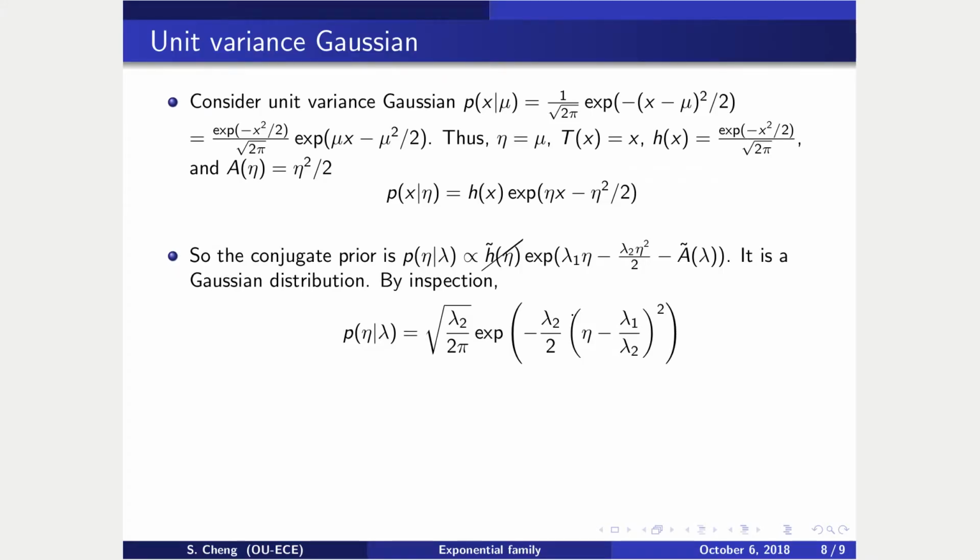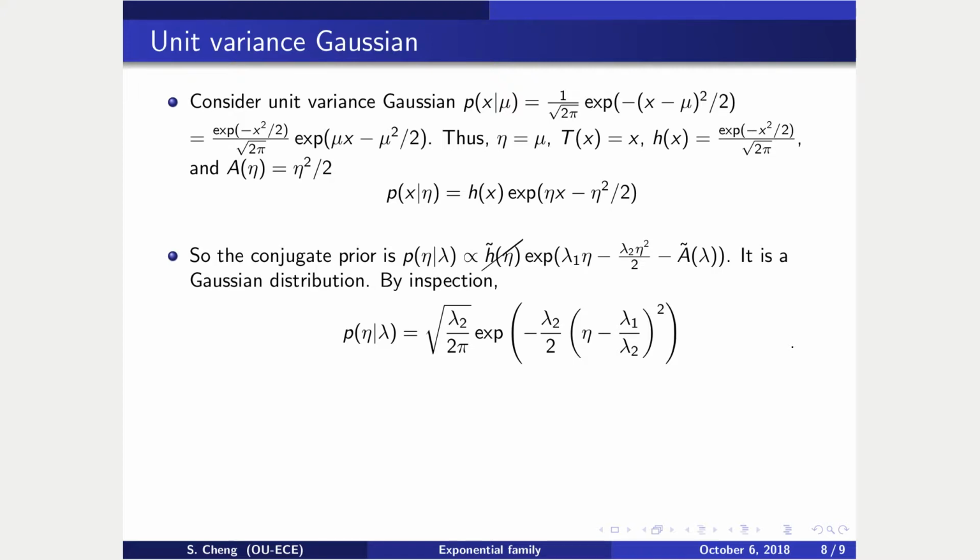So that's okay, and I can write down the PDF right away, p(eta given lambda), as this. For a Gaussian it's really nice that as long as we know the mean and the variance, we know the normalization factor right away. That's basically 1 over 2 pi multiplied by the variance, and of course I need to take the square root.